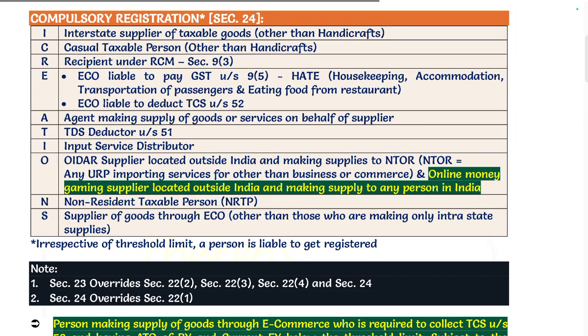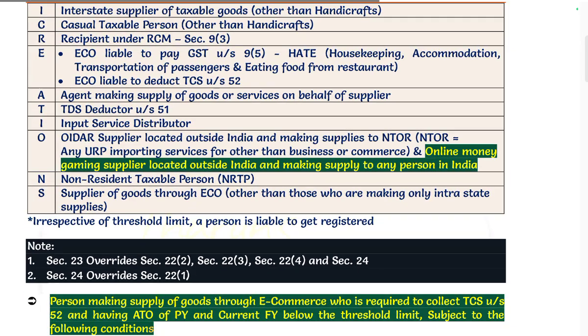Also covered are service providers located outside India making supplies of non-taxable and taxable OIDAR, import of service by persons other than business accounts, and online money gaming suppliers located outside India making supply to any person in India.